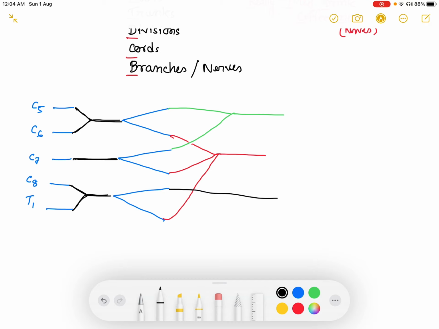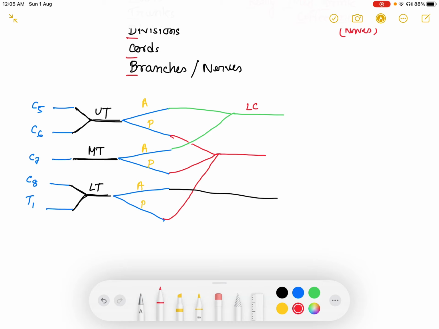So see, C5 and C6 join to form the upper trunk, C7 forms the middle trunk, C8 and T1 form the lower trunk. Then each trunk divides into two parts, anterior division and posterior division. After division, the anterior divisions of the upper and middle trunks join to form the lateral cord.